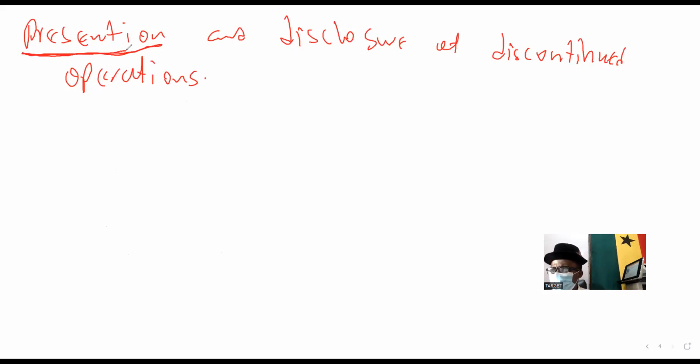IFRS 5 is very particular about how you present discontinued operations. And in the accounting disclosure, you must disclose any operations that have been demarcated in that regard. That's the objective of IFRS 5.